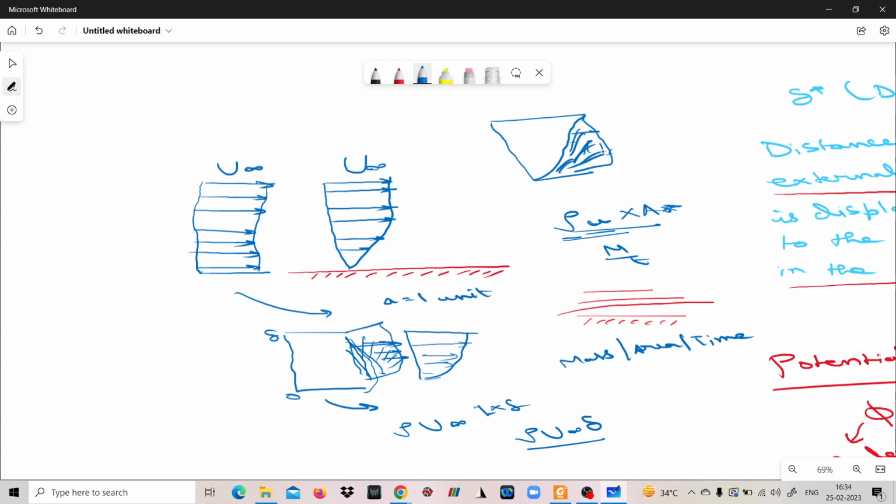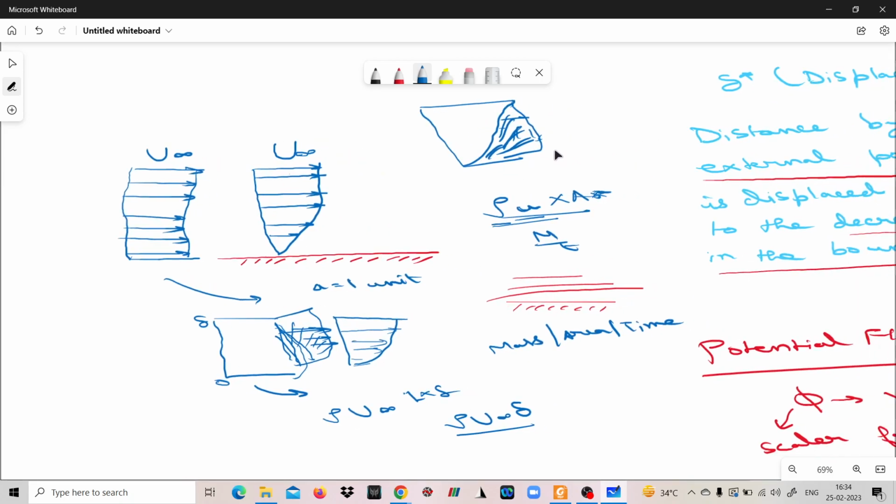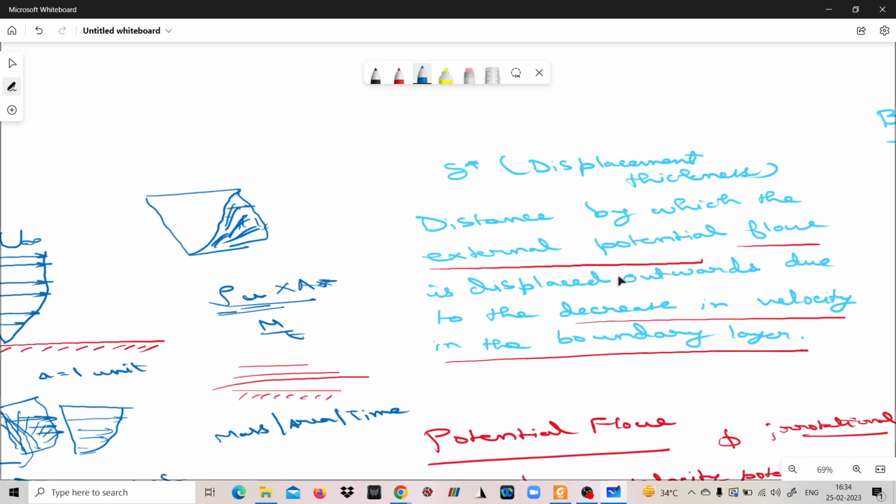So how do you compensate for this lost portion? That is given by the distance by which the flow is displaced. By how much amount you need to displace the flow so that this loss is overcome is given by the displacement thickness. So this is directly coming from the law of conservation of mass, or the continuity equation. So this thickness is the displacement thickness.